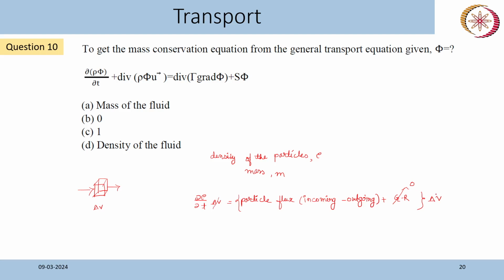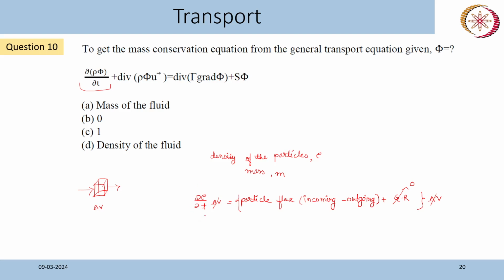So this gets cancelled out, and how the particle density or the number of particles is changing inside this volume will be given by this expression. Here you can look at only the first term, del rho phi by del t, that is the change in the number of particles.